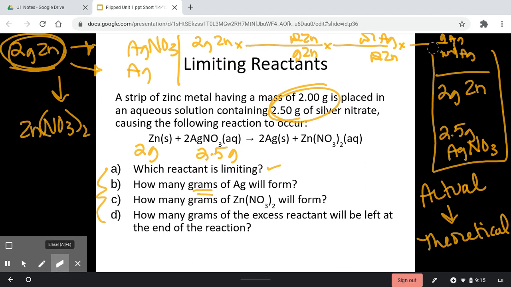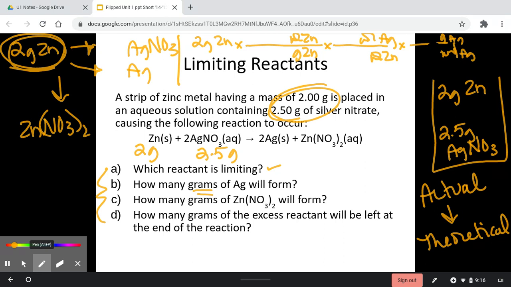We're following ourselves through the mole hole. And in this case, we're starting in 2 grams of zinc. Now, whatever we calculate to, grams of silver, in the case of my example above, or grams of silver nitrate or grams of zinc nitrate, those are theoretical amounts, and you need to be able to tell me what that theoretical amount means.